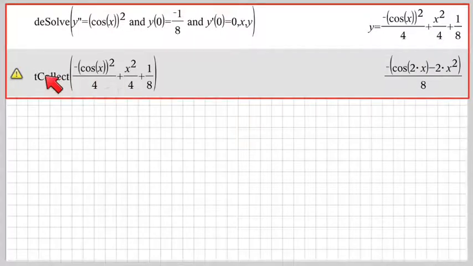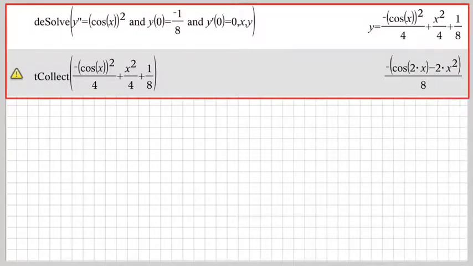cleanup thing called tCollect. T stands for trig collect, but you can just recall this previous answer down into this entry line, or copy and paste it, hit enter, and you'll get something, generally speaking, which will be cleaned up and tidied up and made to look a little bit nicer, with less sort of ragged loose ends around it.